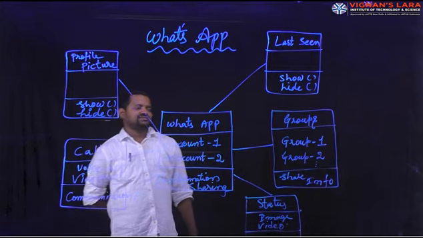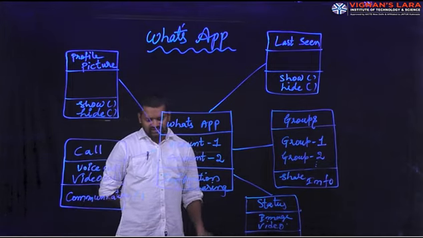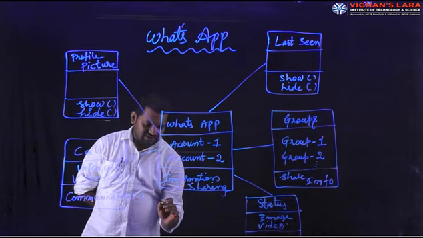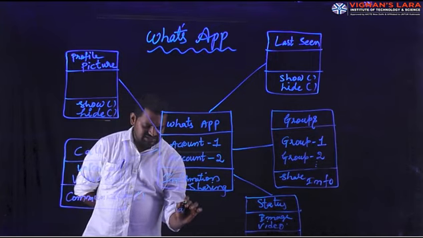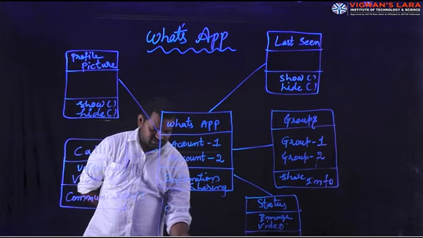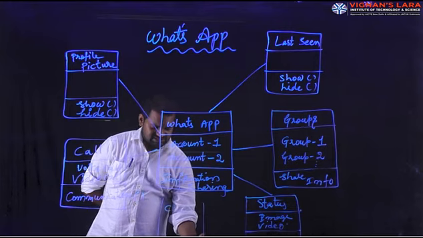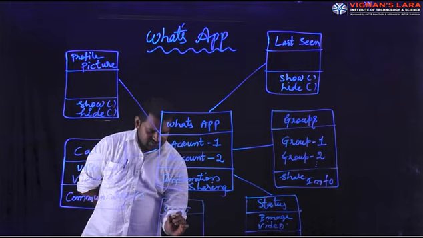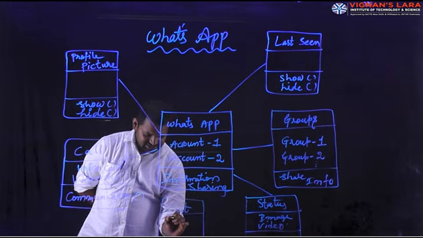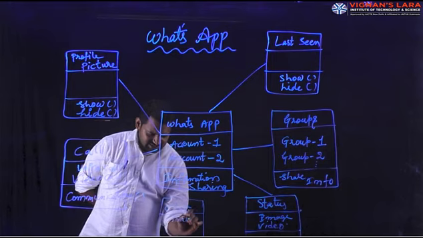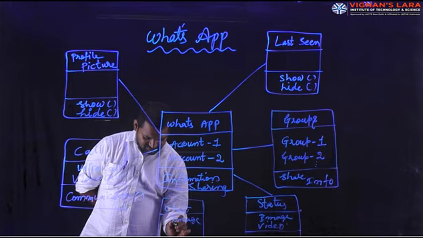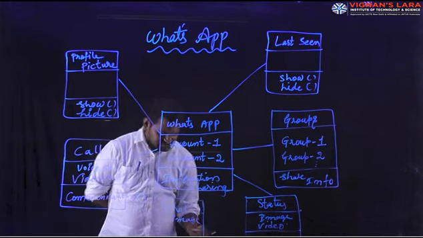Okay, so 1, 2, 3, 4, 5, 6 classes. We have to write 6 classes, and also you have to write another class, chat. Chat is also another class. In this chat class, we have to send information, such as image information, or you may have a private chat.